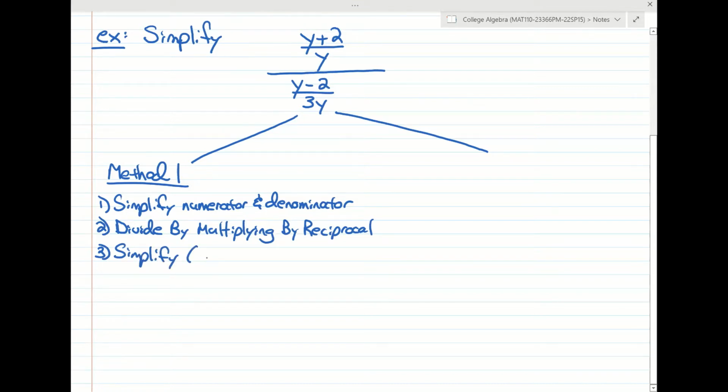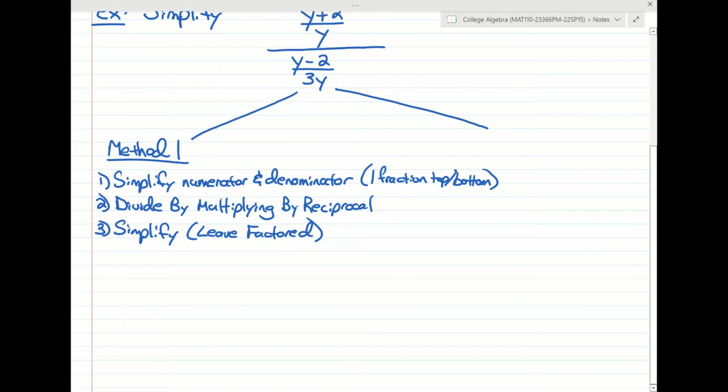Simplified means that we leave it factored. So that's one way to do it. Simplify the numerator and denominator, which means we can combine, so we just get one fraction on top and the bottom. So let's just add that there. One fraction on the top and bottom, divide by multiplying by the reciprocal, and then we simplify.